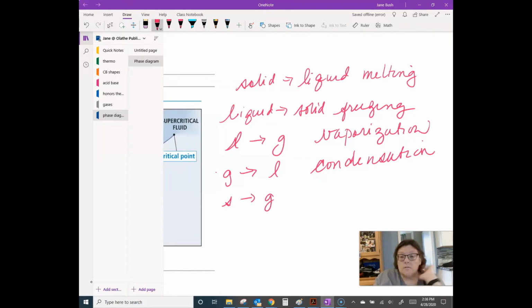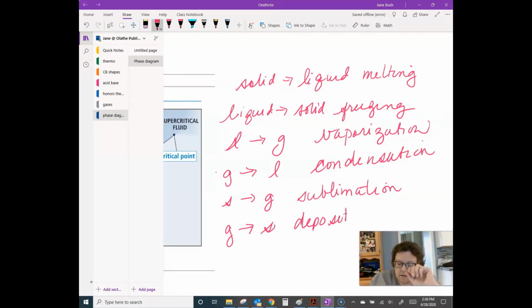Solid to gas, which is what carbon dioxide does, is called sublimation. And when you have a gas that skips condensing and goes directly to a solid, we call that deposition. All right.